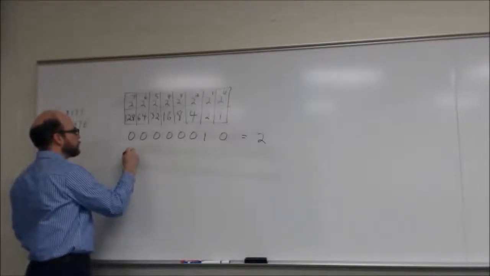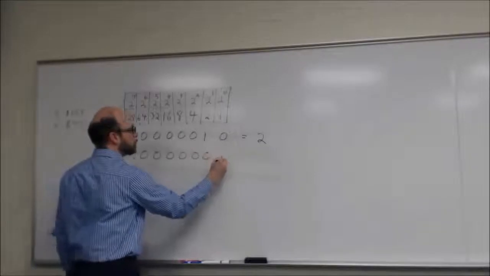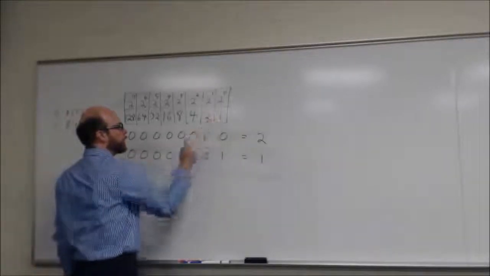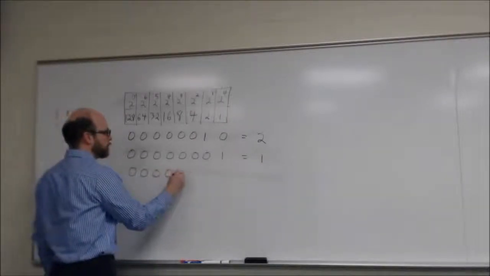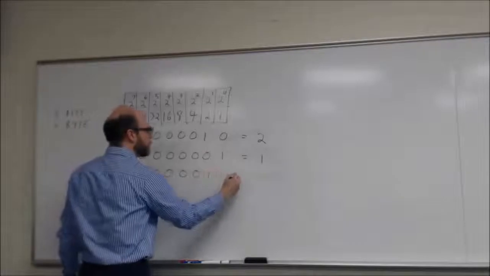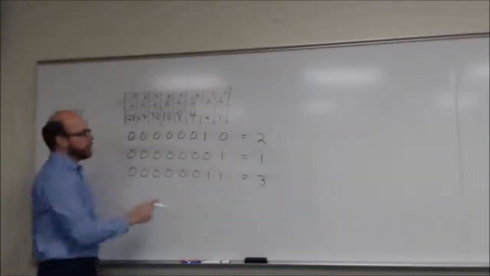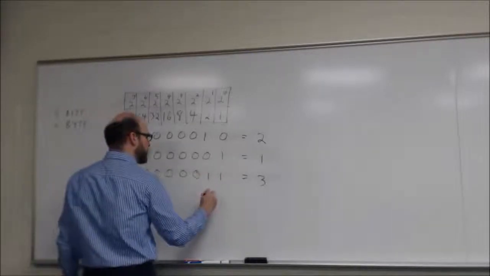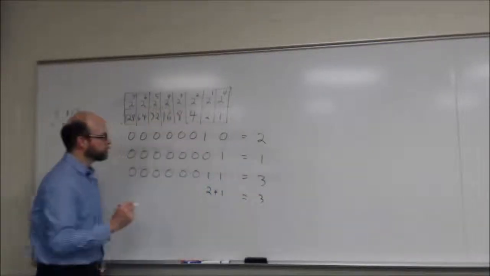If I do this, then that number equals 1, because I've only got a 1 here. If I do this, then my answer is 3. So in this case, I've got 1 plus 2. This is 2 plus 1, and that equals 3.